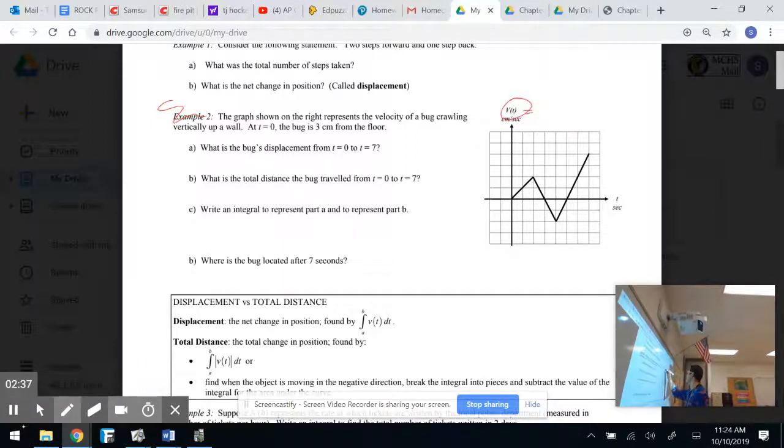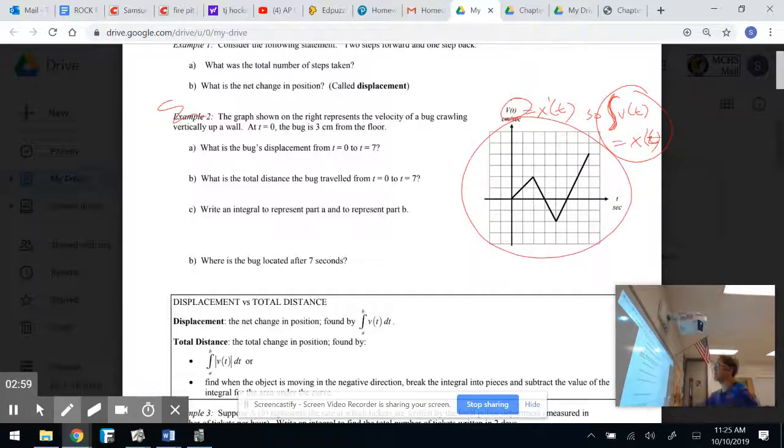Now, what's velocity's relationship with position, class? Velocity is the derivative of position. So I could write a statement like we've been doing: if I take the antiderivative of velocity, that gives me the position, right? And guess what? That means the area underneath the curve. That's the relationship we want to understand when we look at a graph like this.